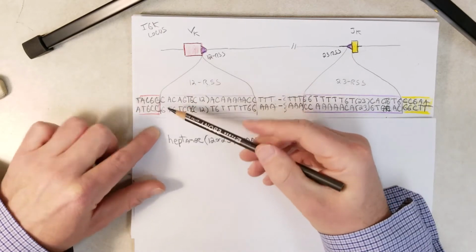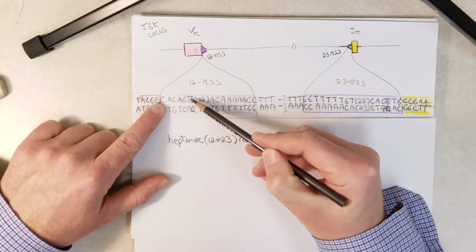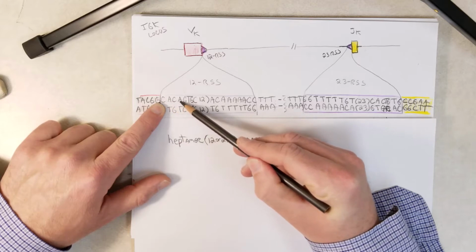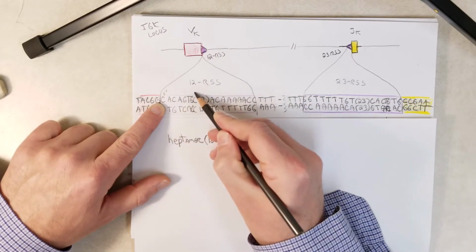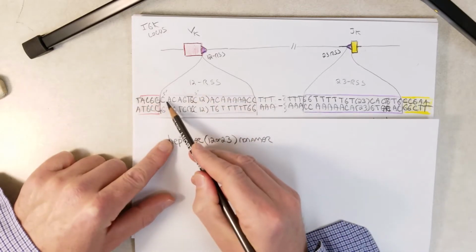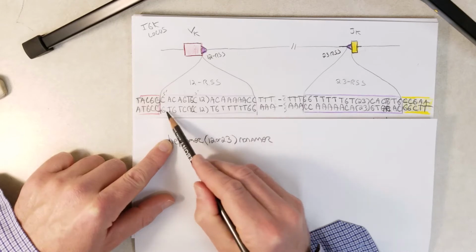This is the consensus sequence of the heptamer. Most RSSs have CACAGTG with the 5' end up here and the 3' end down here. That's CACAGTG, and the complement is down here.